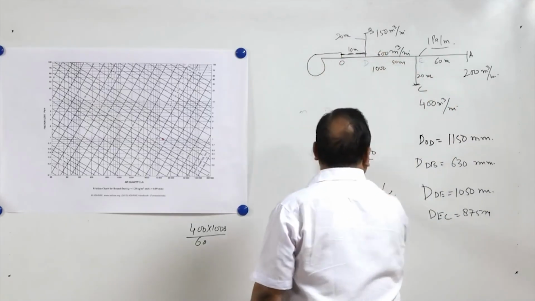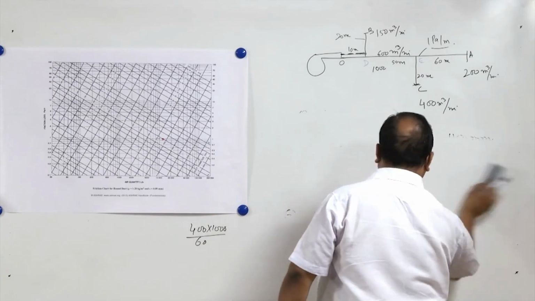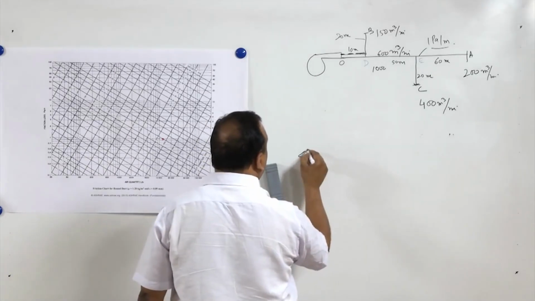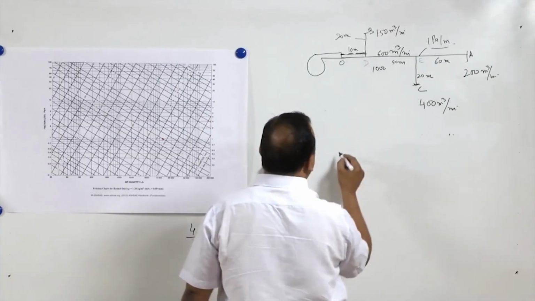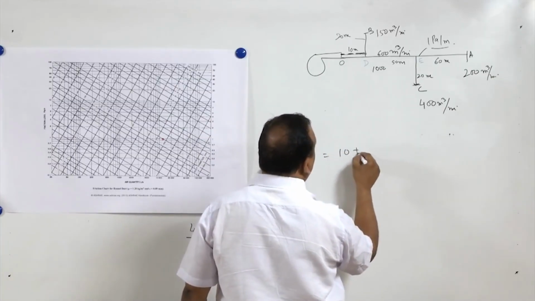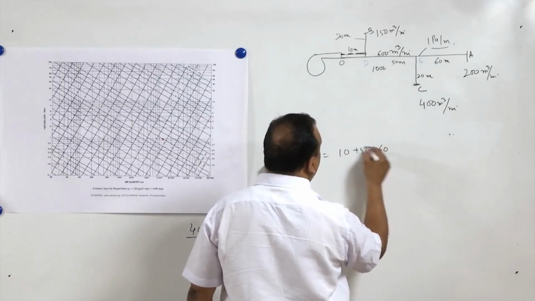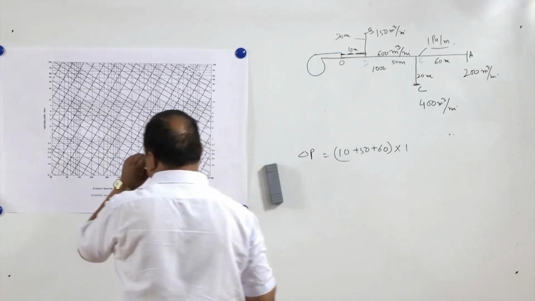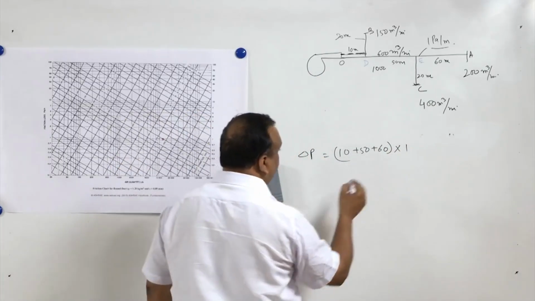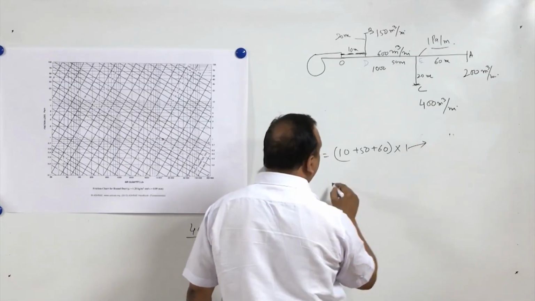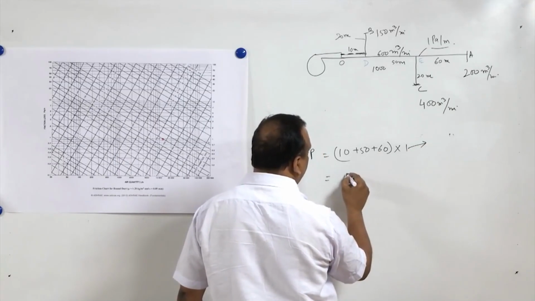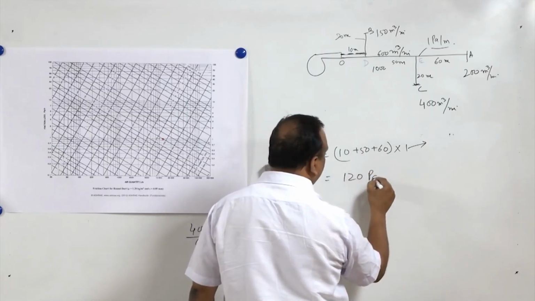Now in this case, the total pressure drop in the longest duct will be 10 meters plus 50 meters plus 60 meters multiplied by 1 Pascal per meter, that is the pressure drop per meter length, and it is going to be 120 Pascal.